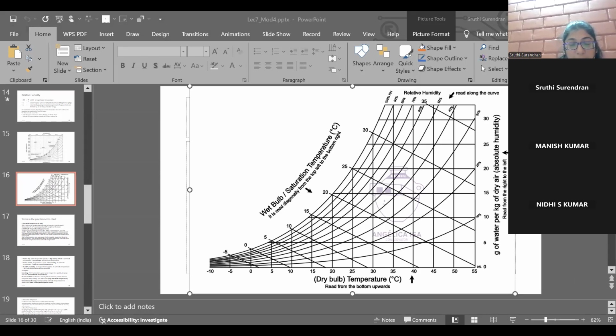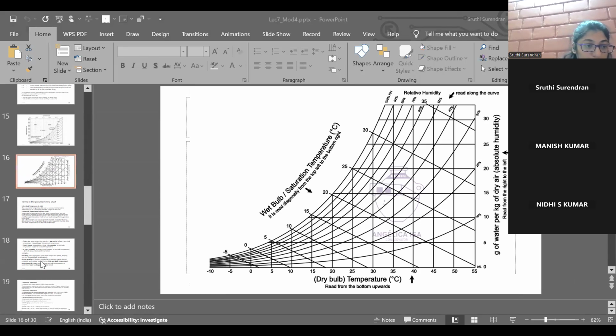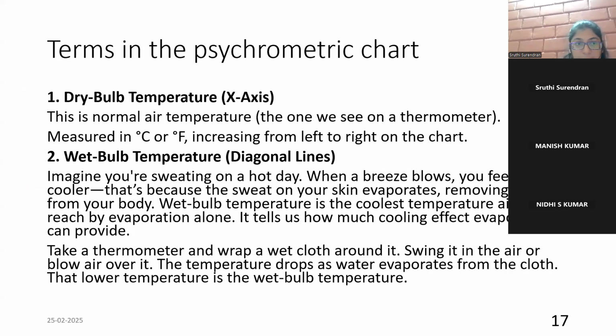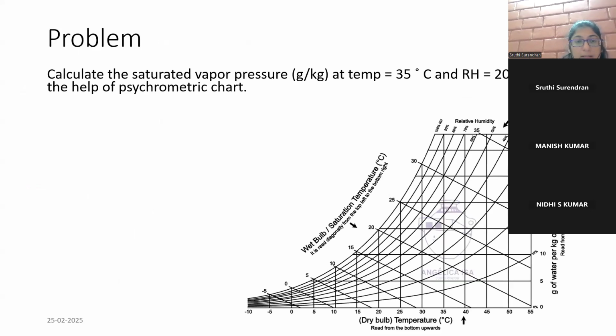So I've copy pasted this chart in the chat of this Zoom meeting. Kindly use this chart to do the following problems. The problem is: calculate the saturated vapor pressure at a temperature of 35 degrees Celsius and relative humidity 20% with the help of the psychrometric chart.